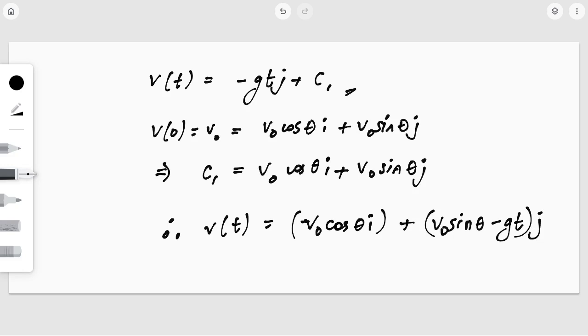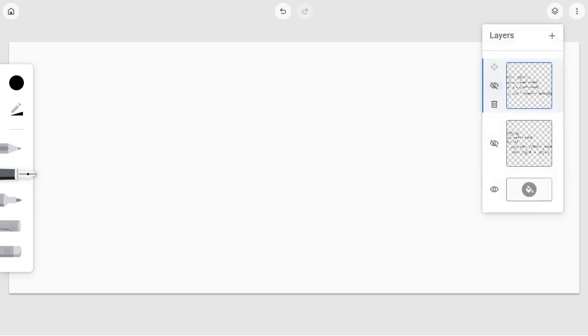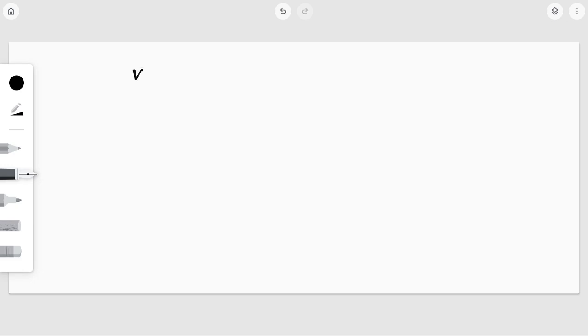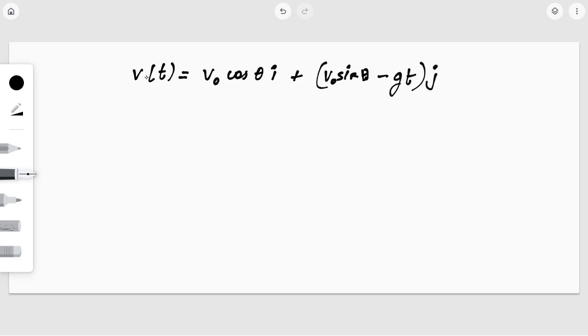Next we have to find the parametric equations of the trajectory of the projectile. For that we have to find the vector function, or the position function, associated with it. We have v(t) = v0 cos theta i + (v0 sin theta - g t) j.